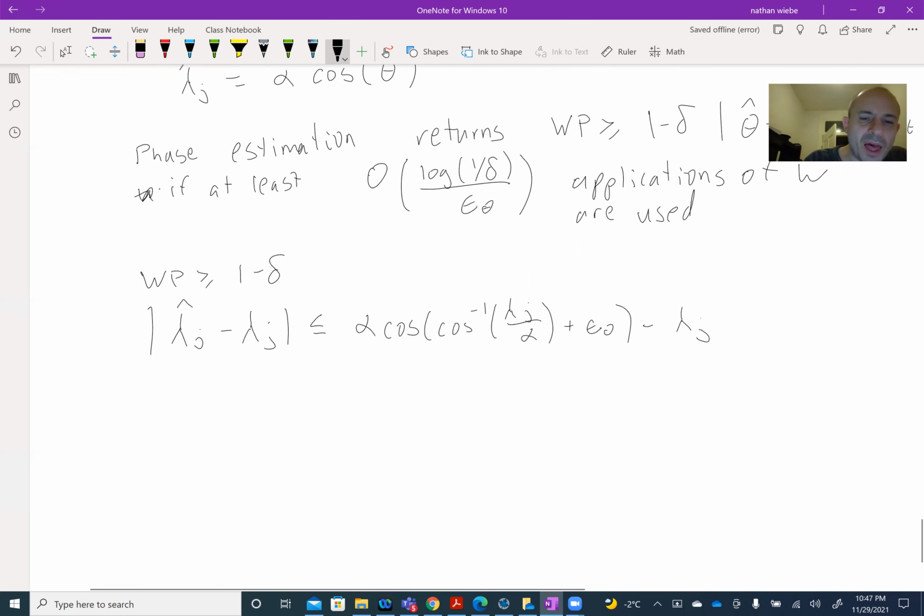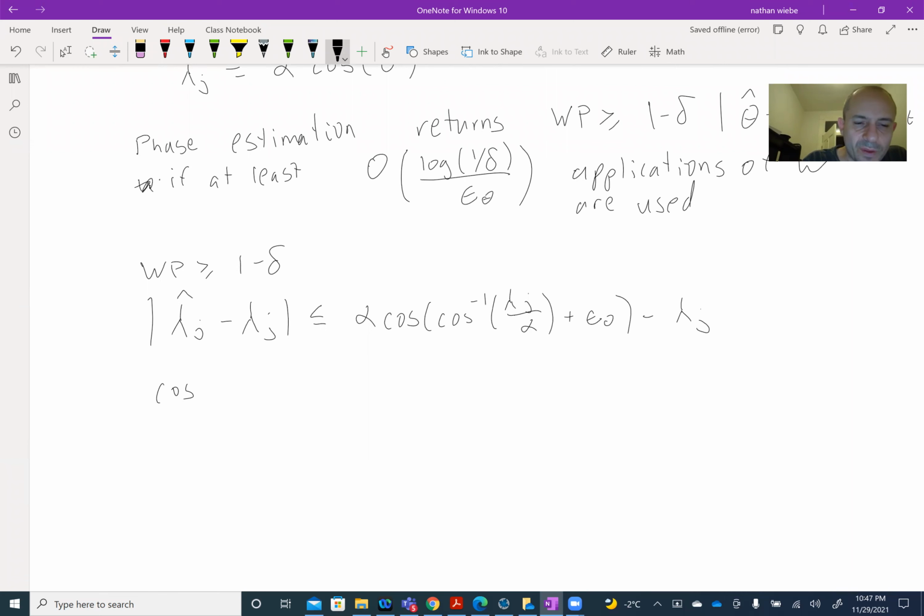Okay, but cosine is Lipschitz continuous with Lipschitz constant 1.